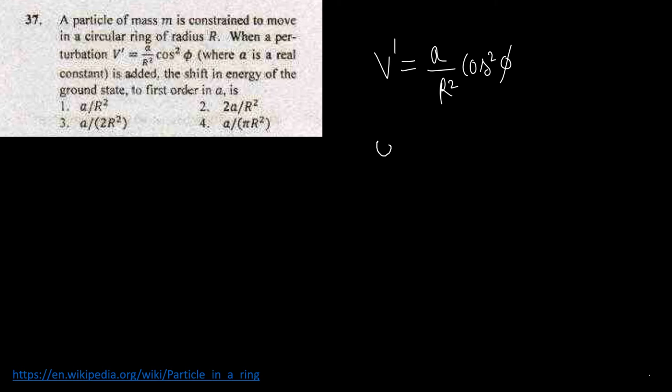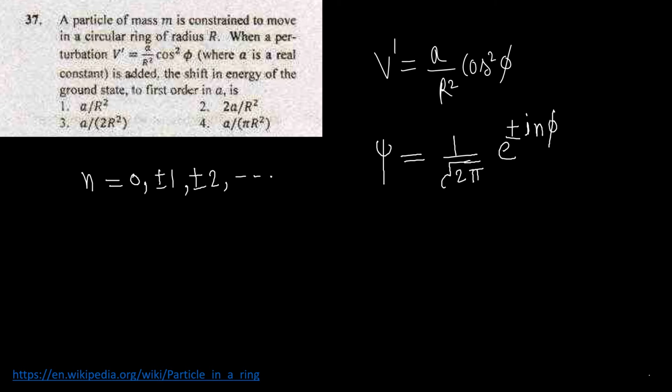The wave function is 1 upon under root 2 pi e to the power plus minus i n phi. n will vary from 0, plus minus 1, plus minus 2 and so on. So from here we can say that the ground state wave function of a particle constrained to move in a circular ring is 1 upon under root 2 pi.